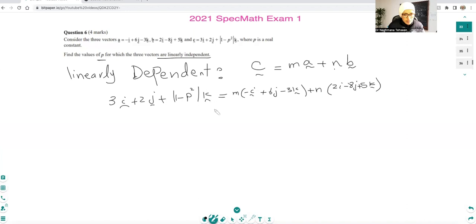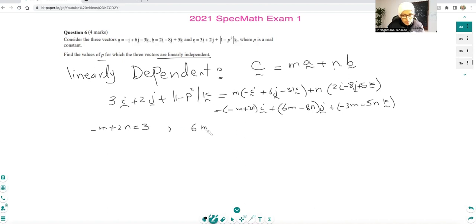Writing the I component on the right-hand side, we get negative M plus 2N for the I component, plus 6M minus 8N for the J, and negative 3M plus 5N for the K. Now if we compare the coefficients, we get negative M plus 2N equal to 3, the I component on the left-hand side and the right-hand side of the equation.